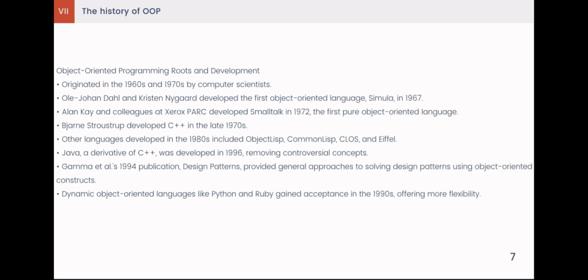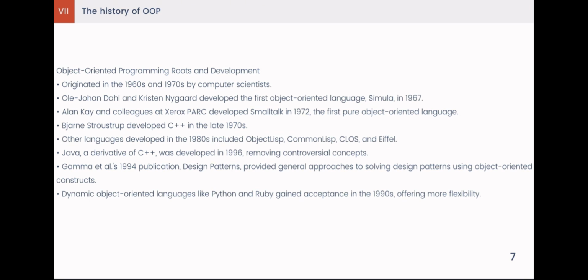The history of OOP has its roots in the research and experiments of computer scientists in the early 1960s and 1970s. One of the pioneers of object-oriented programming, Ole Johan Dahl, along with Kristen Nygaard, developed the first object-oriented language, Simula, in 1967.